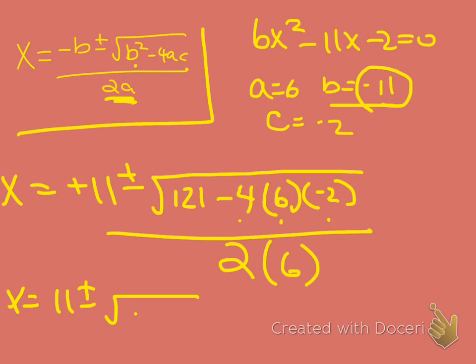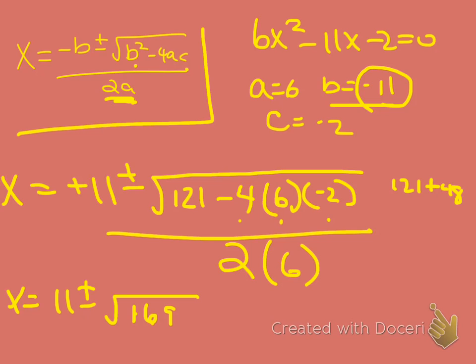And then we have a negative and a negative, which makes positive 48. So in that square root, we're going to have 121 plus 48, which is 169. Very good. The next step, I would suggest that you have just one number in there, so find out what that is all together in your head or in a calculator, whichever you decide.